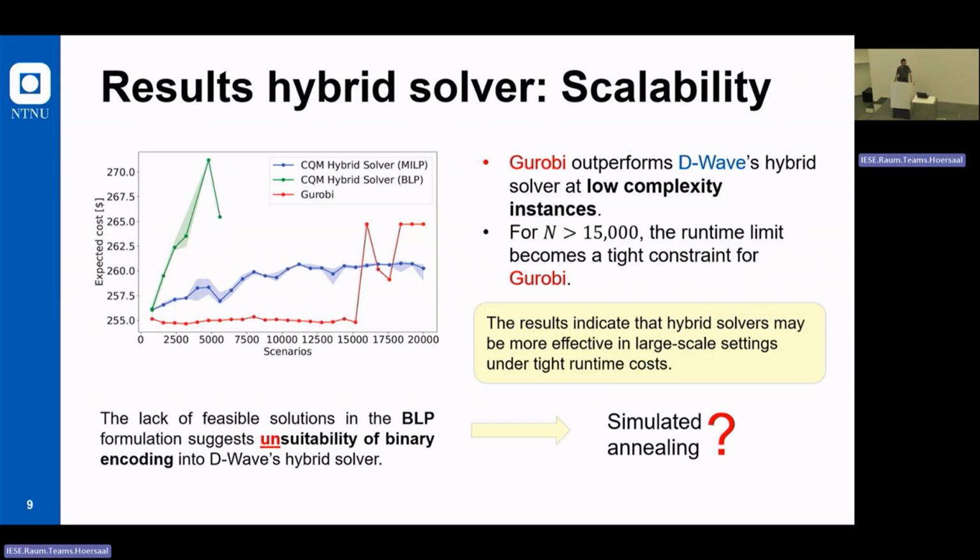So our guess, and this is just a guess, because of what we have already discussed several times in the last days, is this thing about the black box from D-Wave. We don't know what's going on there, but we see that the binary encoding is causing problems.